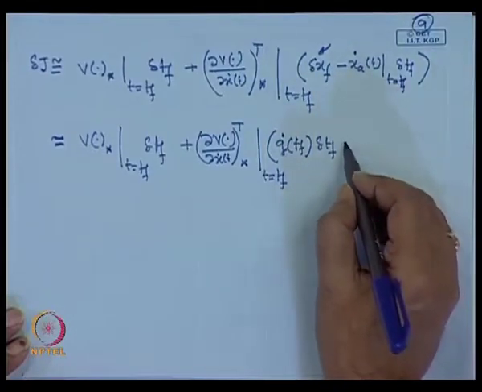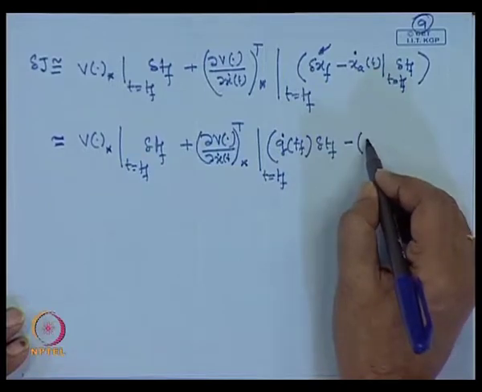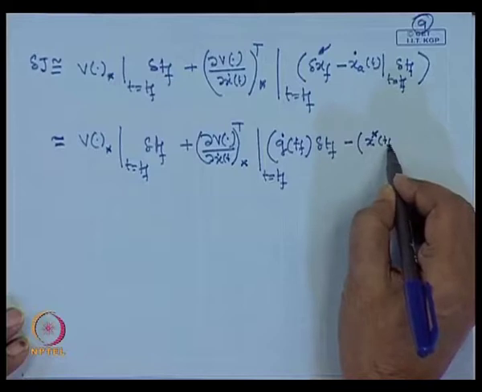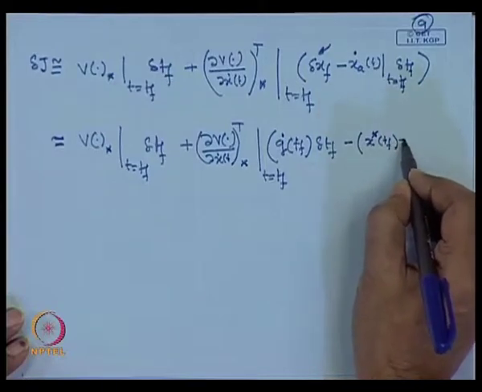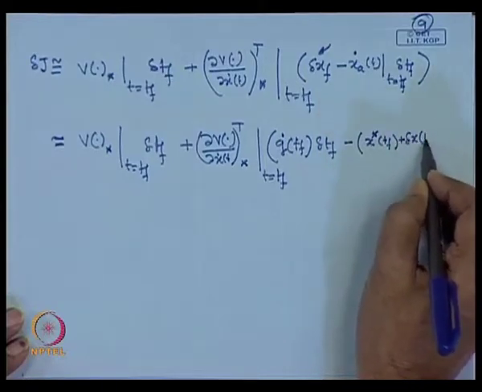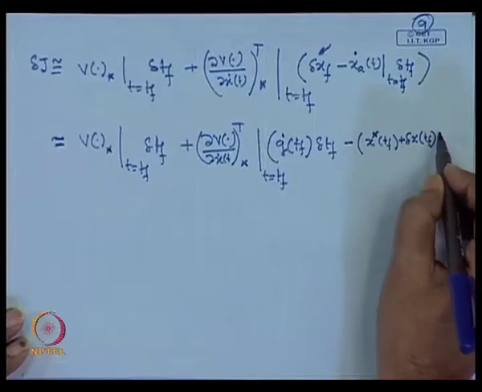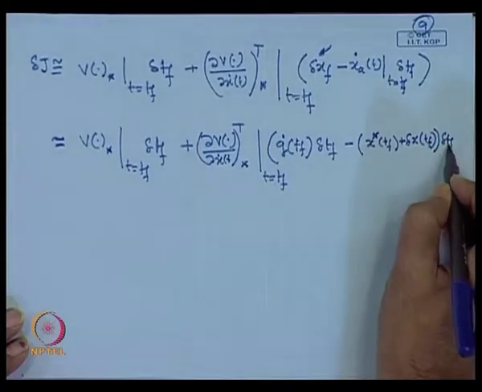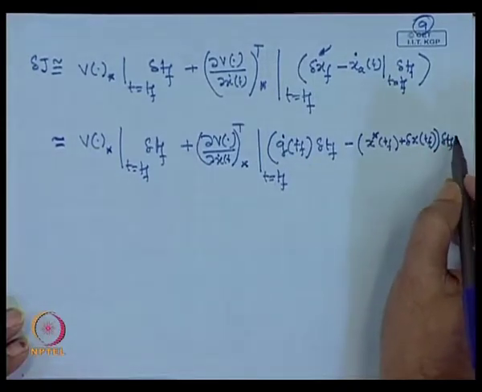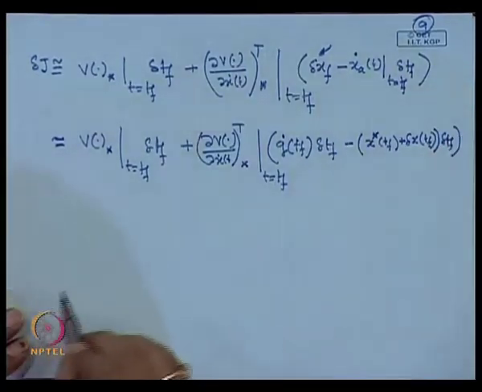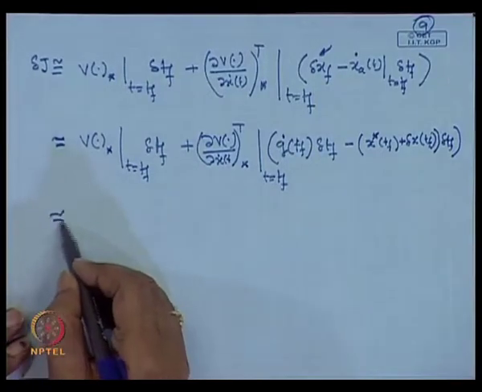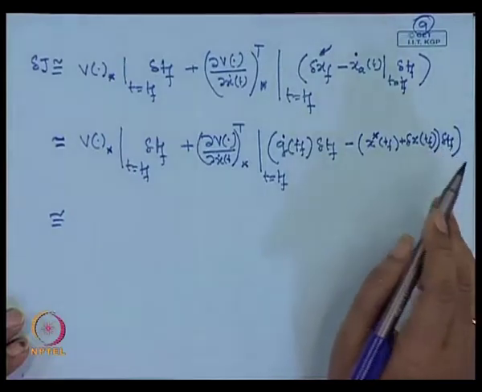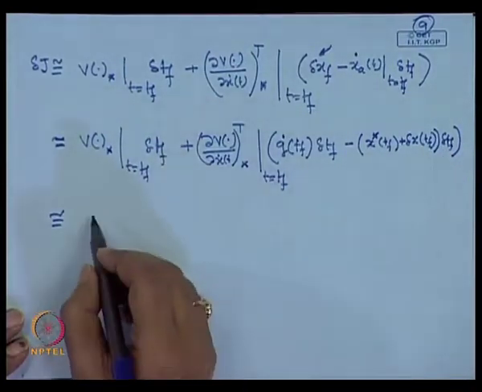So, this is nothing but, okay, I write it, x star T f plus delta x T f at t is equal to T f, into delta T f, okay, bracket close. Now, this delta x term is omitted, both are small quantities.